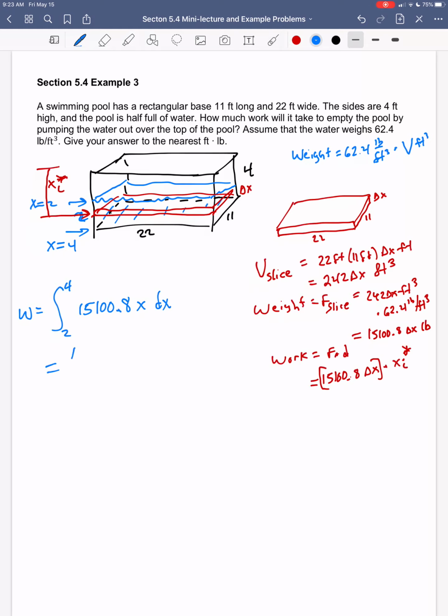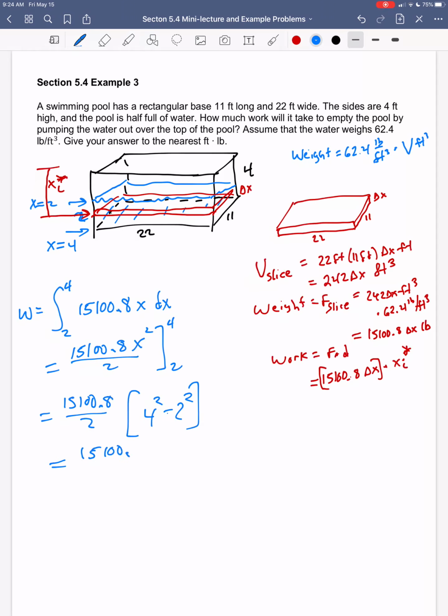So when I take the antiderivative, I increase my exponent by 1. I can factor out the 15,100.8 over 2, then I'm going to get 4 squared minus 2 squared. So that's 15,100.8 over 2 times 16 minus 4, which is 12.